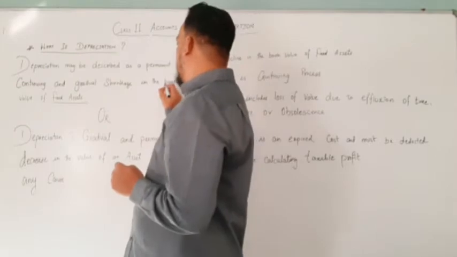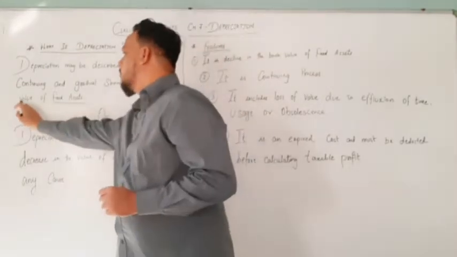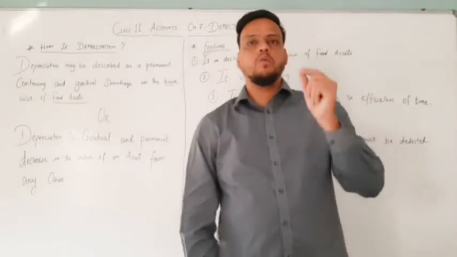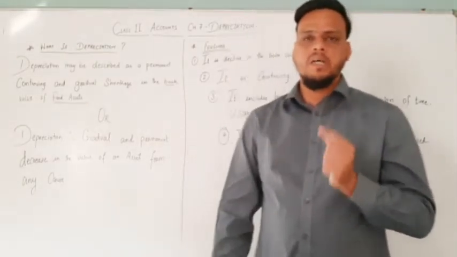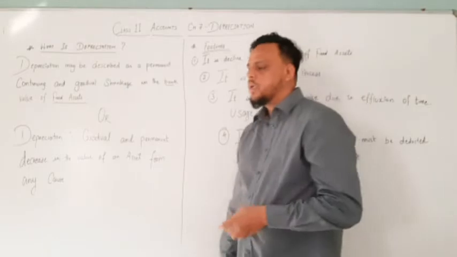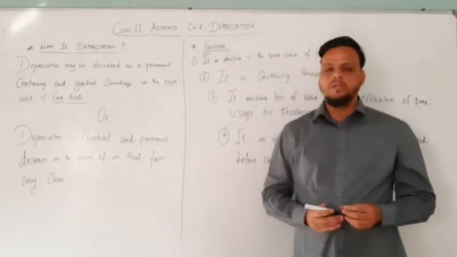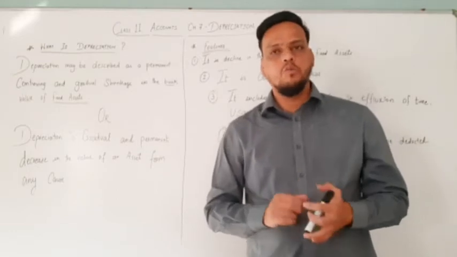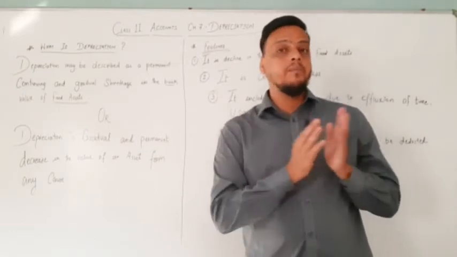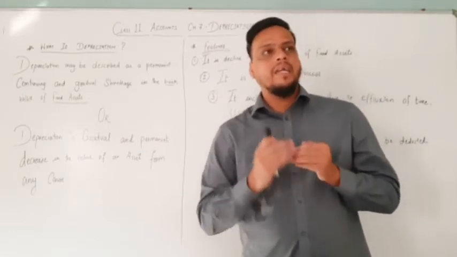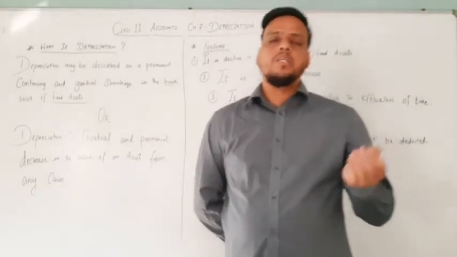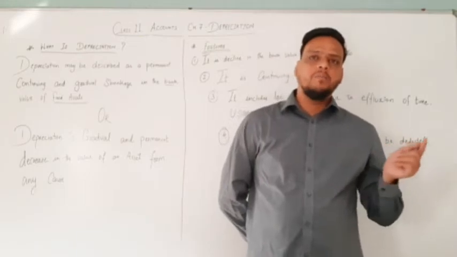Now what about book value? Book value means the value at which you have purchased the machine. I am giving an example of machinery because you would be asked more questions related to machinery. If you purchase the machine and at that time you have incurred transportation cost, it will be added to that machinery.